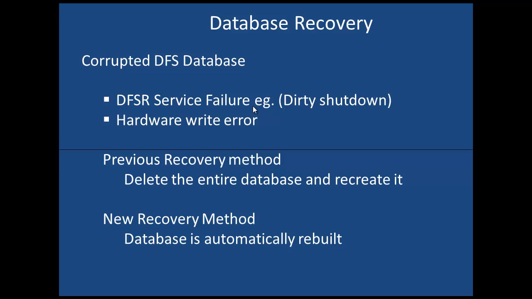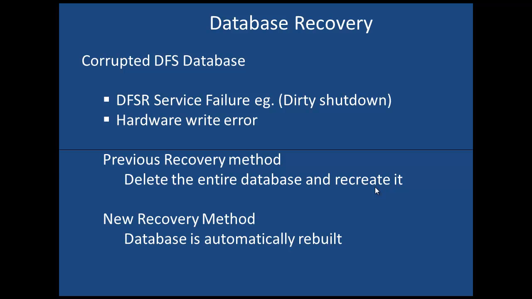Now, prior to Server 2012 R2, once the system detected that there was corruption with a database, the system would delete the entire database and recreate that database. But the database that was recreated was empty. That meant that all of the files had to then be transferred to that system.